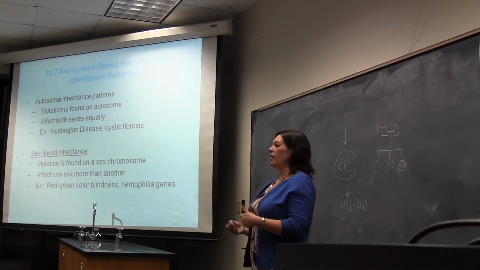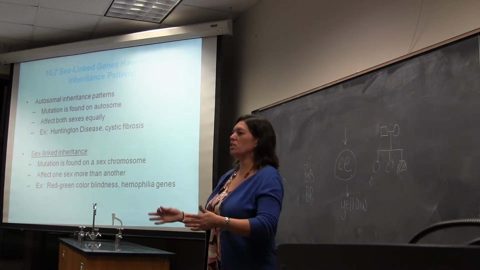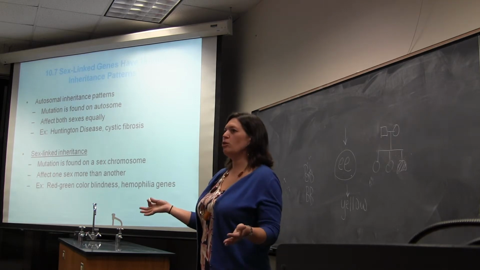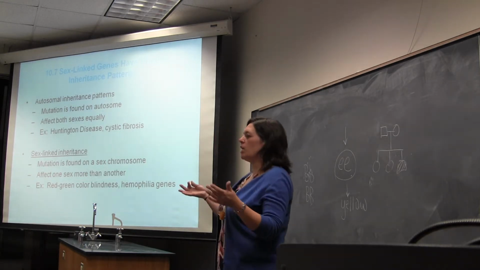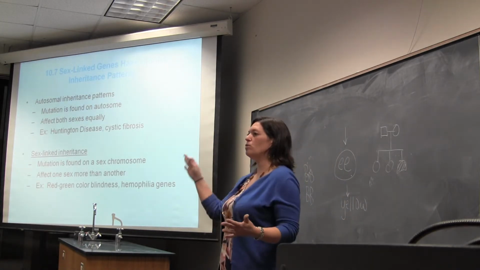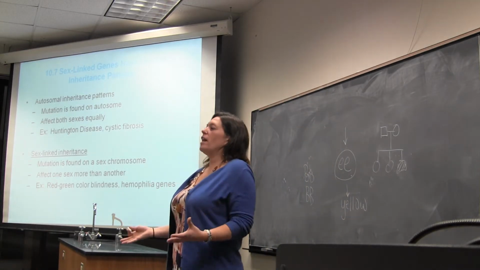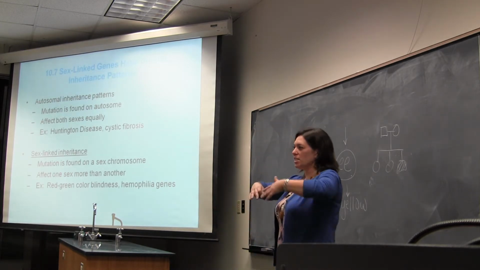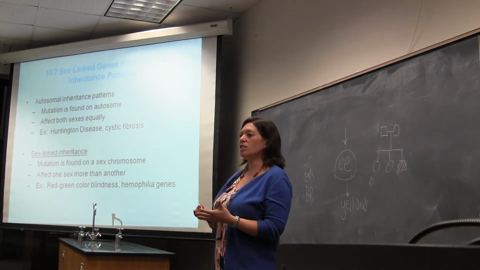So it's not going to affect males versus females, because everybody has a chromosome 22 from their mom and everybody has a chromosome 13 from their dad. It's not going to affect one population over another because it's in all of your cells.